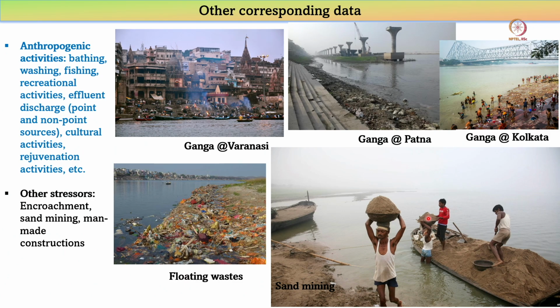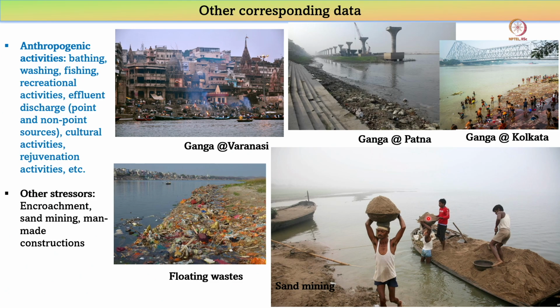For example, I may have given this example previously, we light diyas, we offer flowers. Many kinds of chemicals can get passed through the flowers, through the food, and sometimes different types of crops are offered to the river goddess. So from humans to the river, a lot of things are getting transmitted.